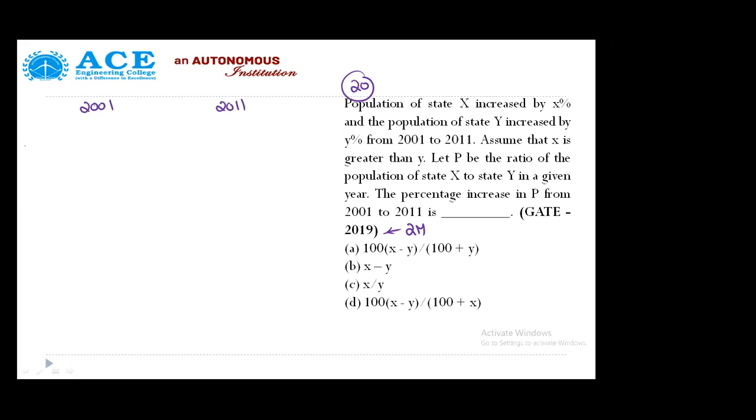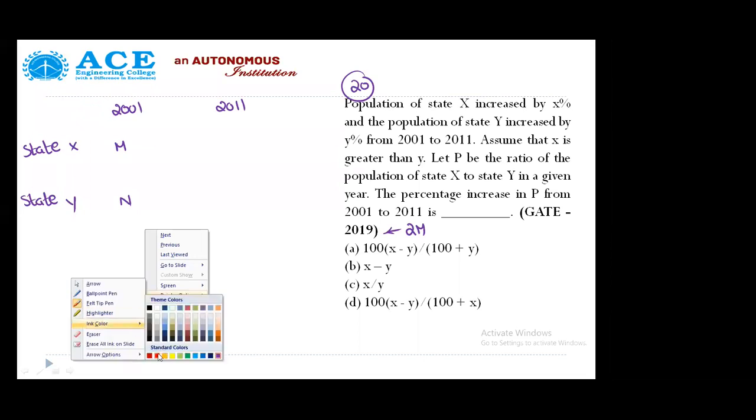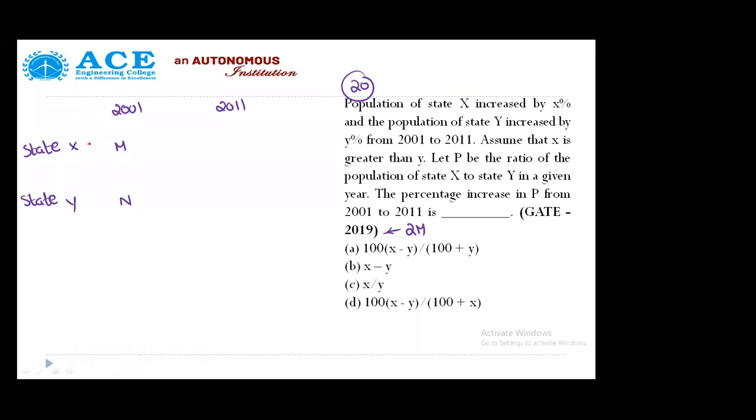First, state X has some population, so consider state X population is M. State Y population is N. Now they mention state X population increased by small x percent, small y percent for state Y. Here, listen guys, they mention small x is greater than small y.